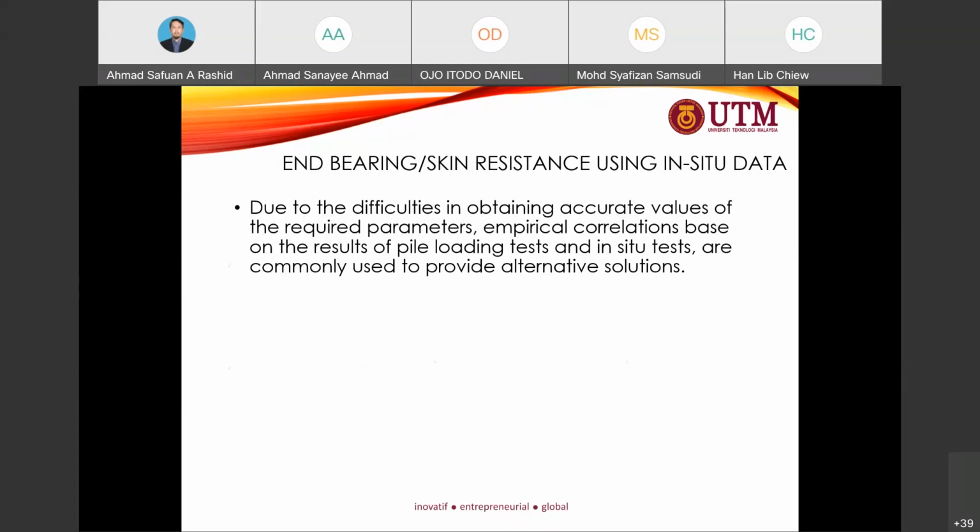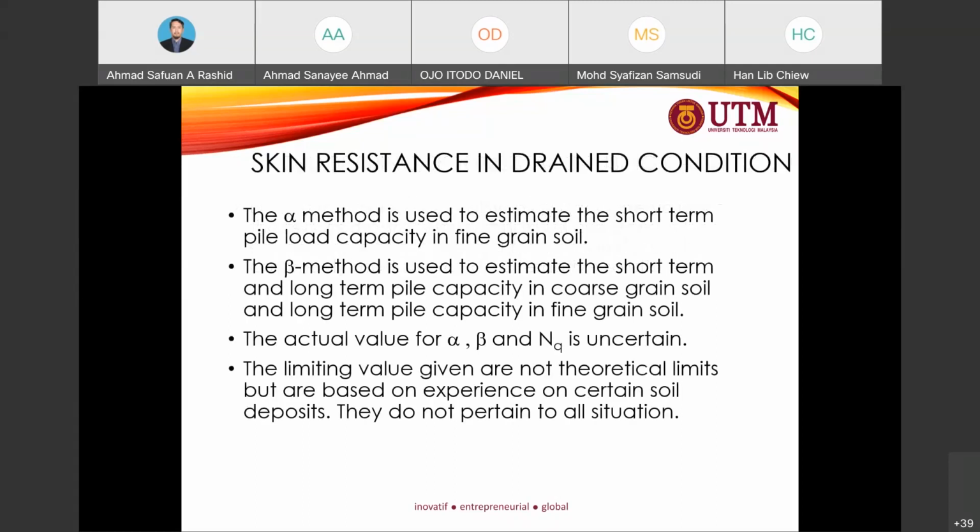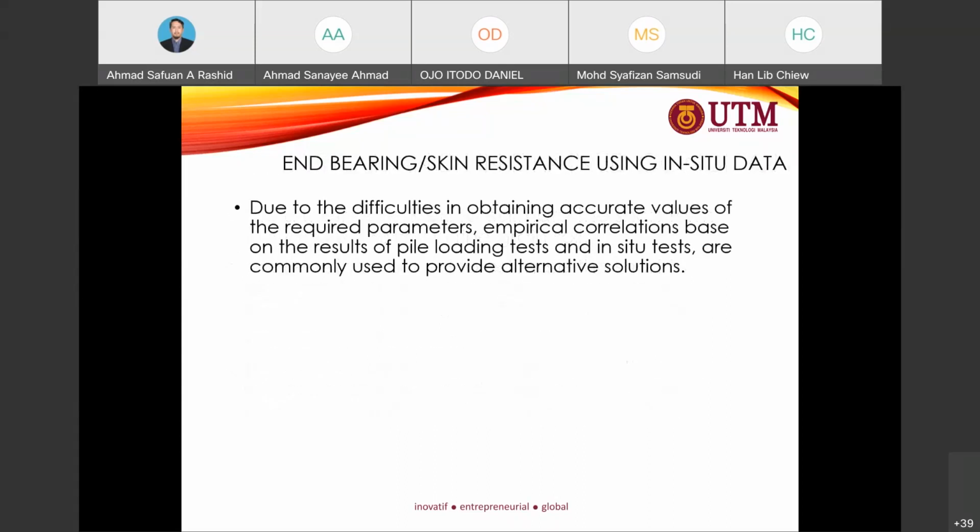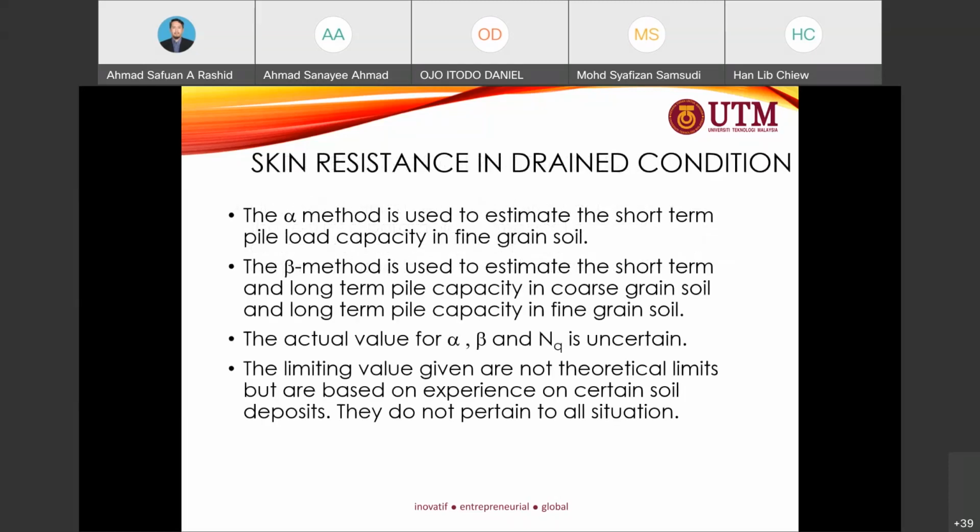Due to the difficulty in obtaining accurate values of the required parameters, empirical correlations based on the results of pile loading in situ tests are commonly used to provide an alternative solution. So this is the drawback of the empirical formula.